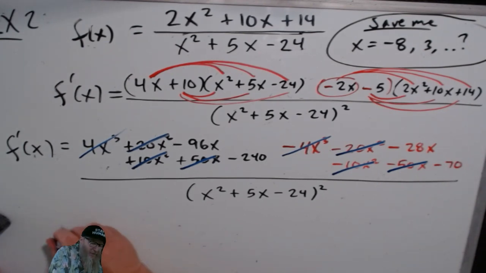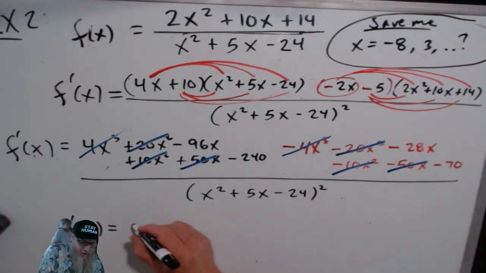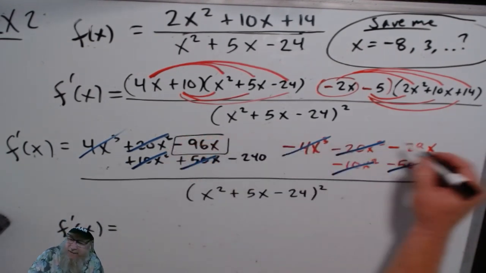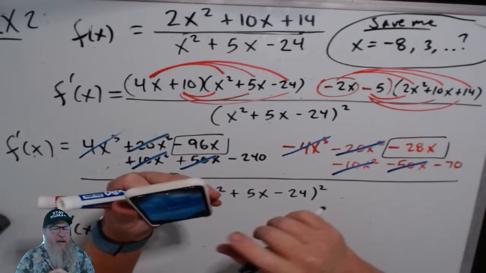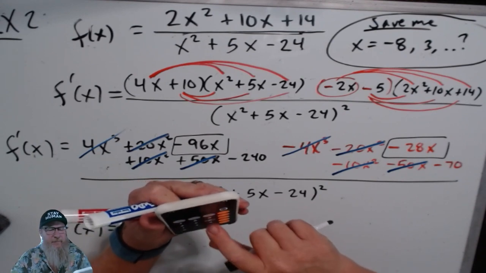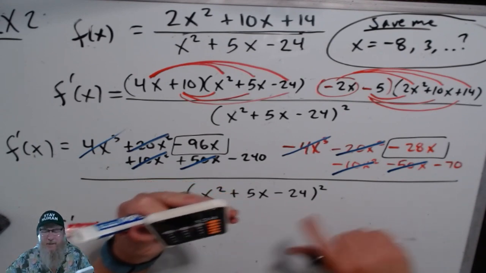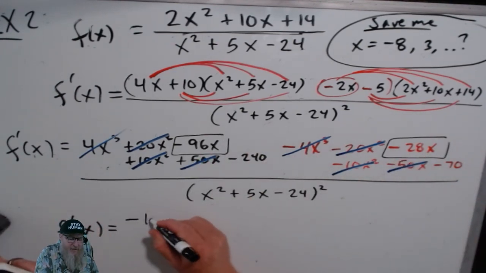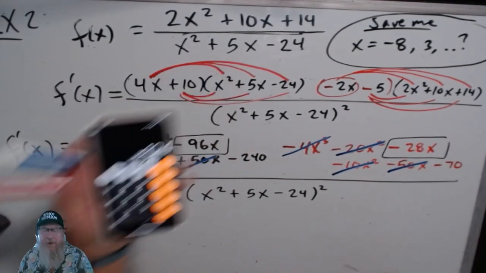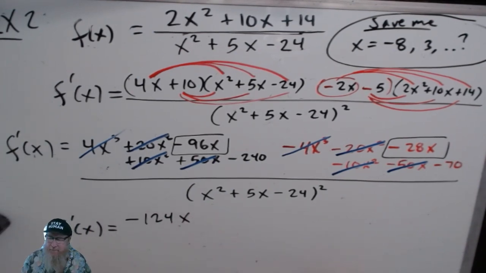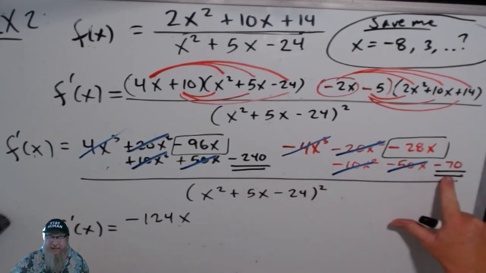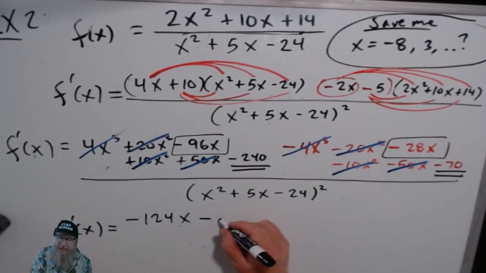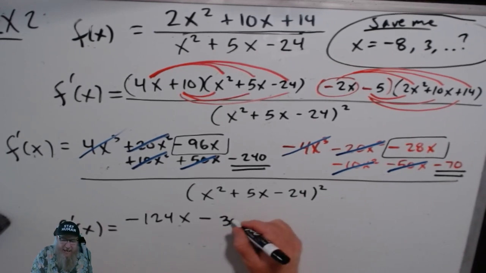So the only terms that survive are negative 96x and negative 28x. I'm a little tired, so I'm going to use my calculator. Those are both negative, and I'm adding them, so that's going to be negative 124x. And then I've got these ones as well, 240 and 70, which are also both negative, so that's negative 310.